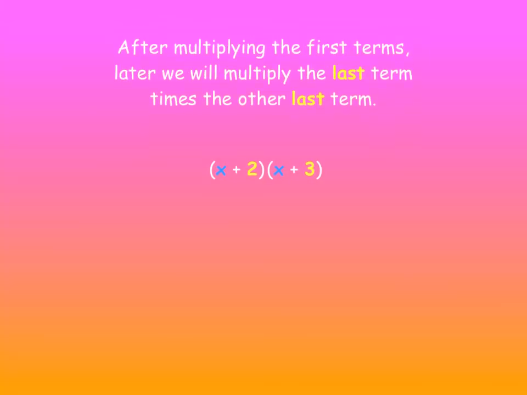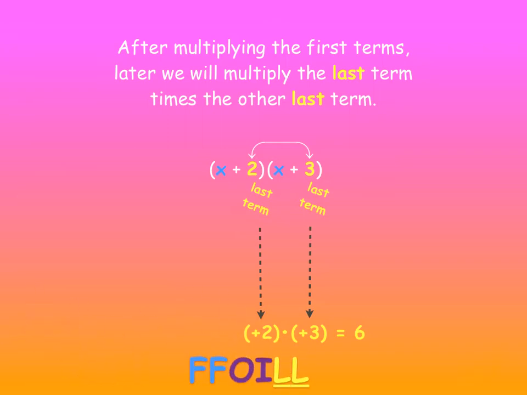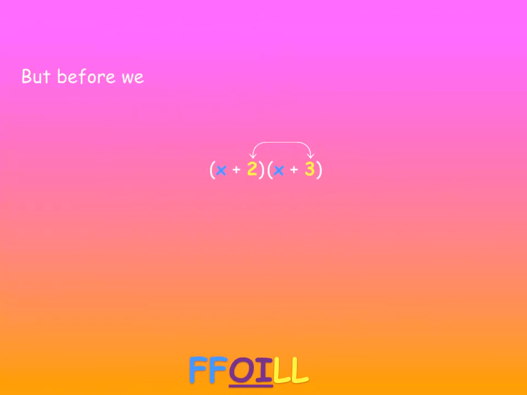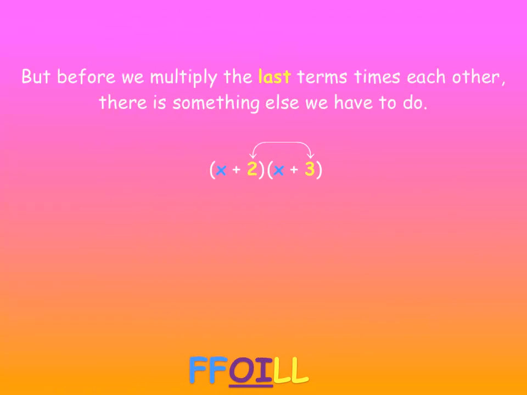After multiplying the first terms, later we will multiply the last term times the other last term. And that will be positive 2 times positive 3, which is plus 6. Last times last. But before we multiply the last terms times each other, there is something else we have to do.